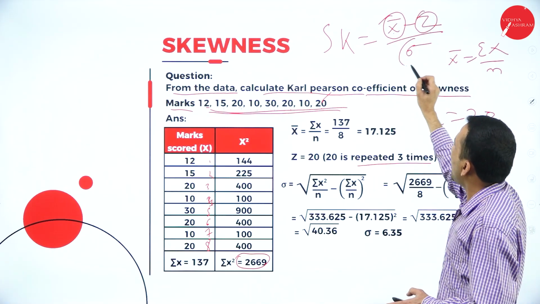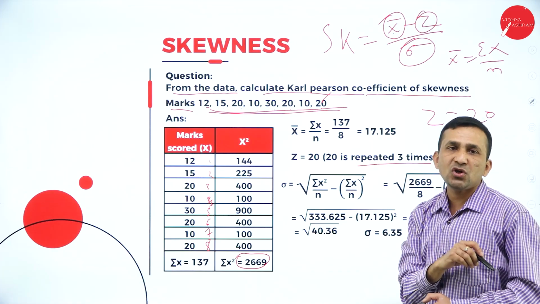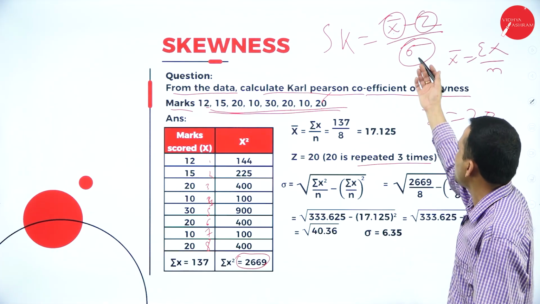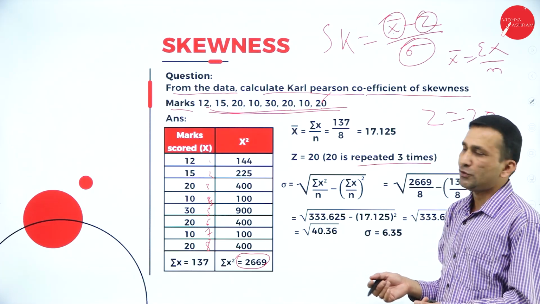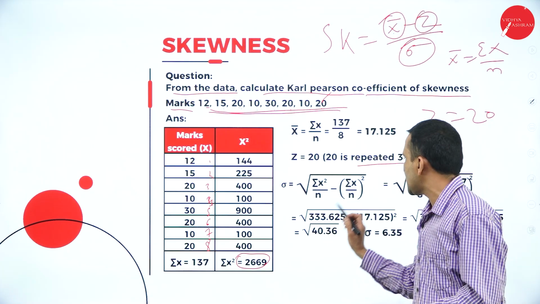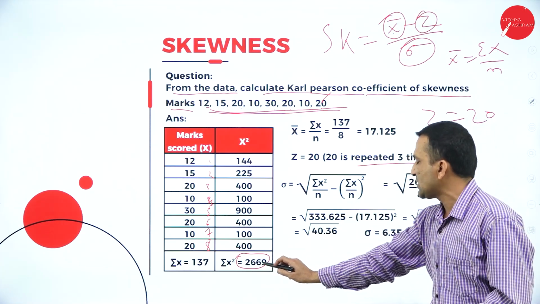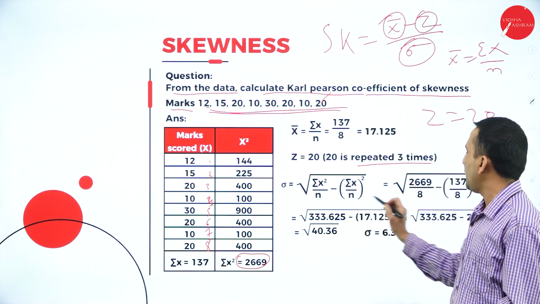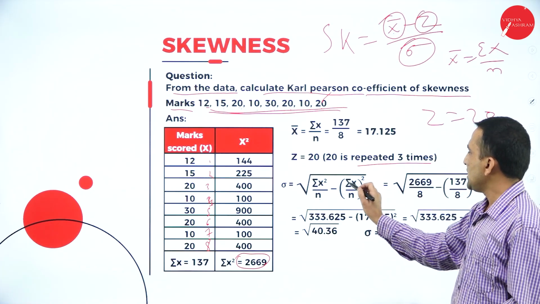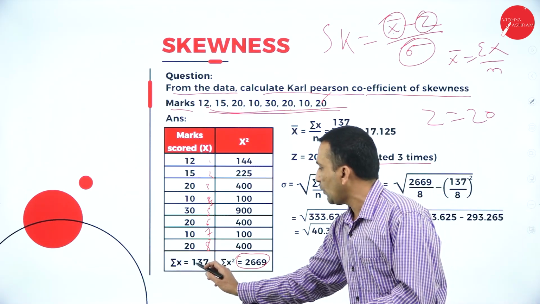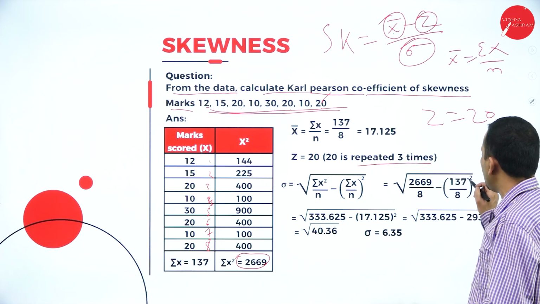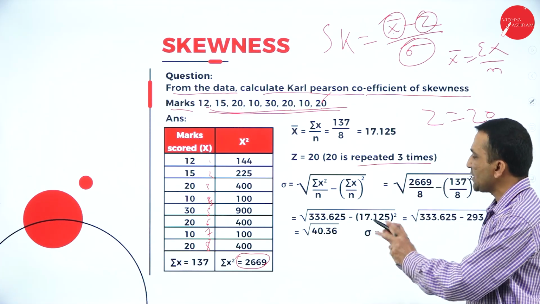Using the standard deviation formula, follow the same procedure and steps as in the previous section. The standard deviation: sigma x square, I am writing 2669, divided by n, the number of items, 8, minus sign as it is. Sigma x we got already, total 137. 137 divided by 8, take the square root, and one more step.